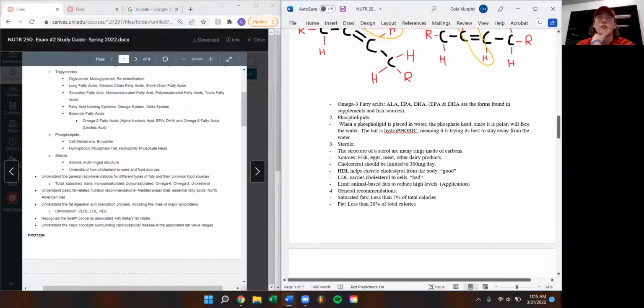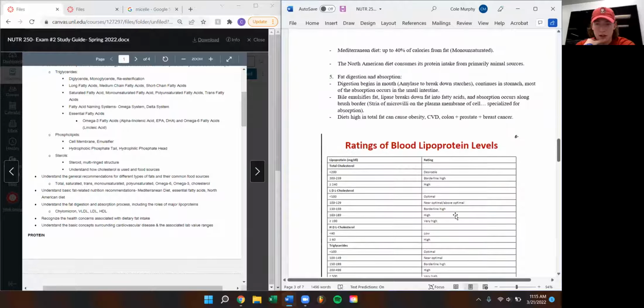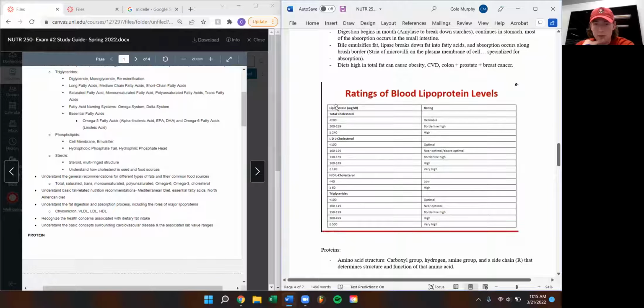I think I have a chart that was on your guys' slide deck. I have it put in here. Yeah, right here. So knowing the levels here. For total cholesterol, anything under 200 is going to be good. And once you start getting past 200, that's when it's going to start getting high.